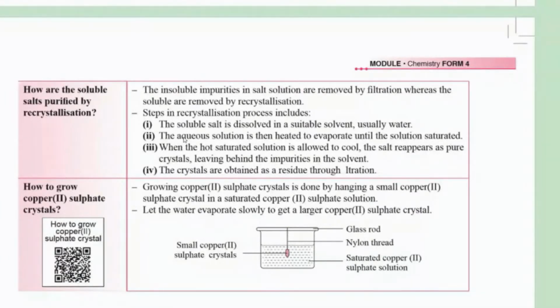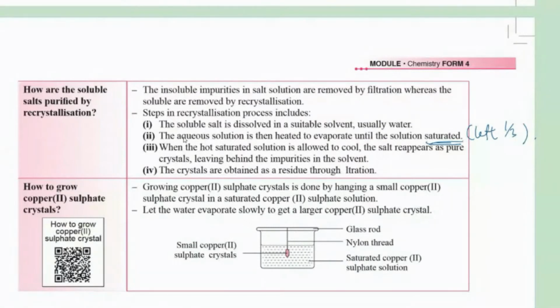The soluble salt is dissolved in a suitable solvent, usually water. Then the aqueous solution is heated to evaporate until the solution is saturated. Again, saturated is roughly one third left.